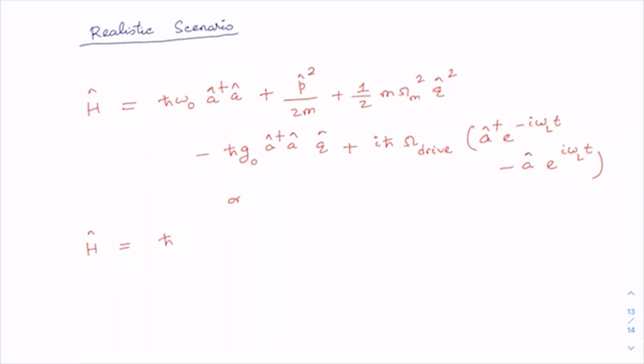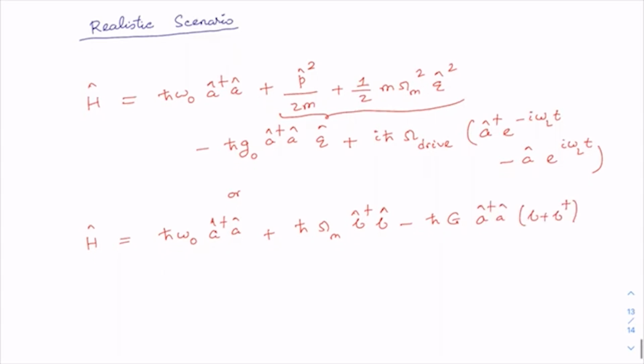In that case it would become h cross omega 0 a dagger a plus h cross omega m b dagger b, so we are now replacing it by the creation and annihilation operator. Then here we'll have minus h cross capital Z a dagger a (b plus b dagger). By the way, you may recall that this capital Z is equal to q0 into Z0, where q0 is the zero-point fluctuation.